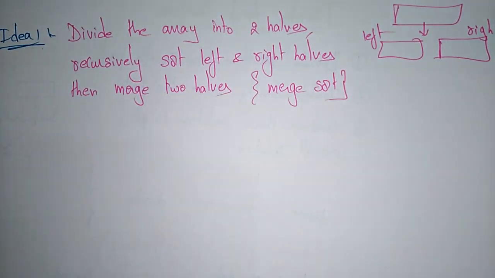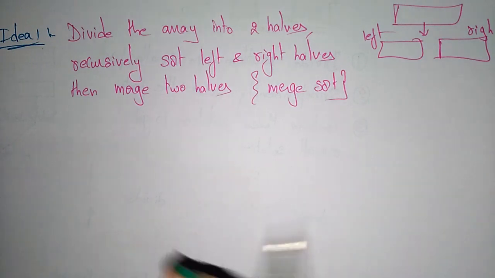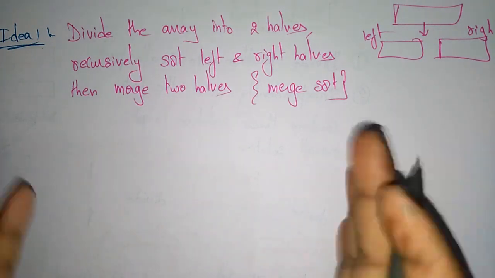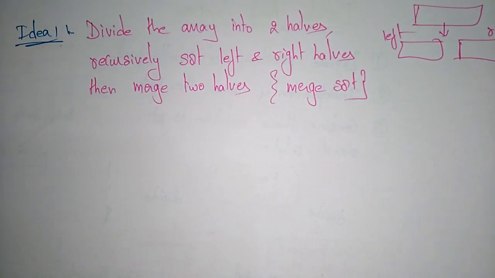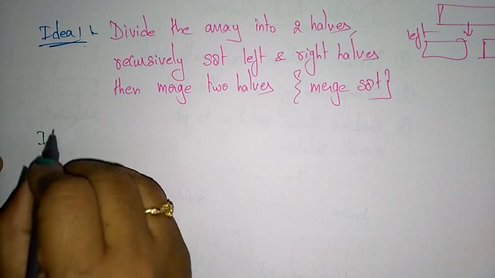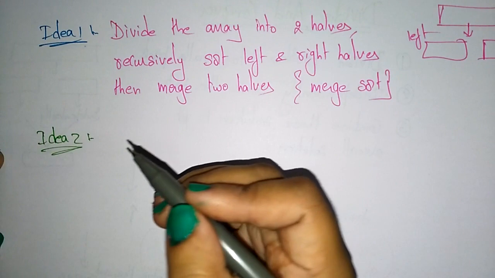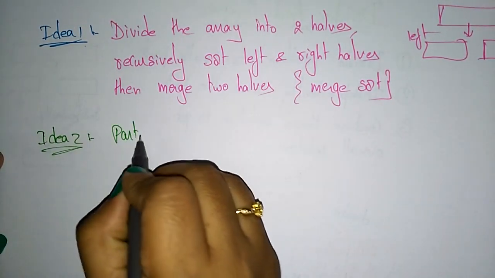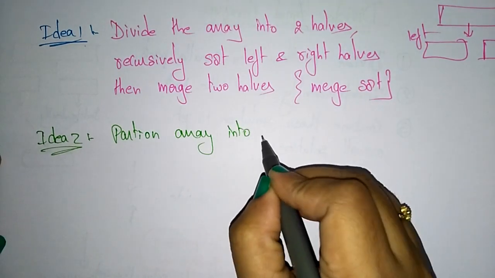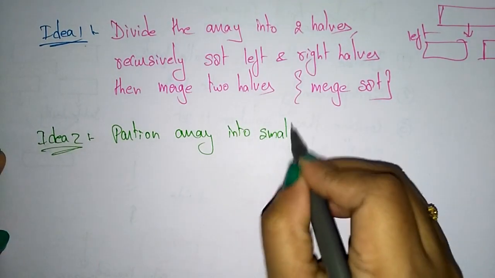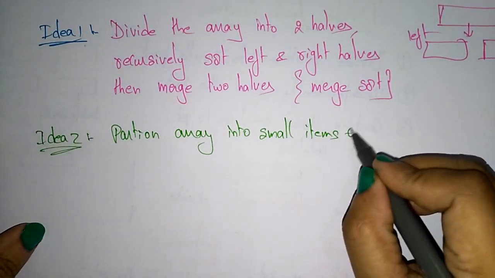Merge sort divides the array into two halves, recursively sorts the left half and the right half, and again combines and merges the two halves. Merge means combining the two halves. So this is one idea. The next idea to implement the divide and conquer method is to partition the array into small items and large items.